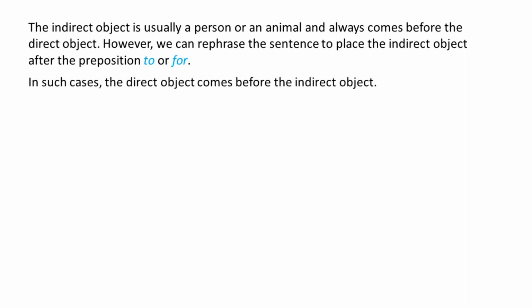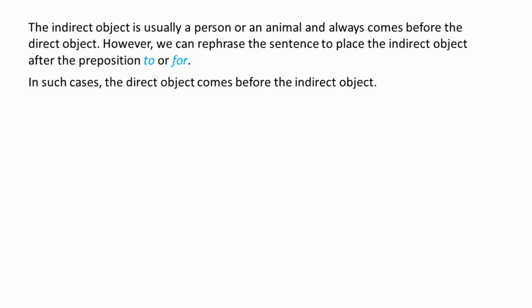In such cases, the direct object comes before the indirect object. So when you rephrase the sentence using to or for before the indirect object, the direct object will come first and the indirect object will come at the last.